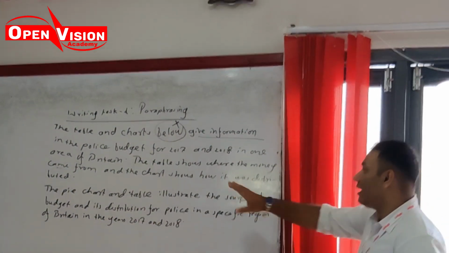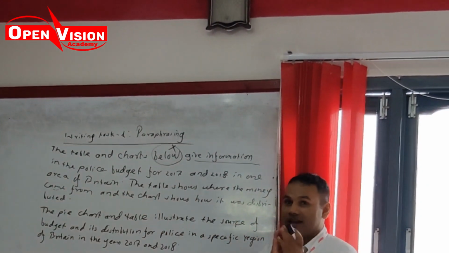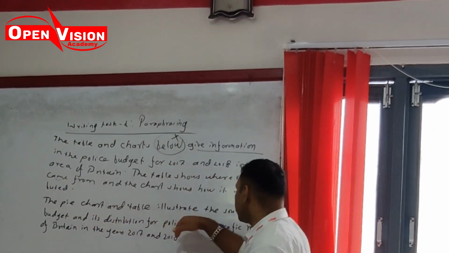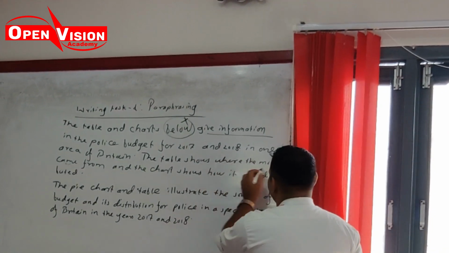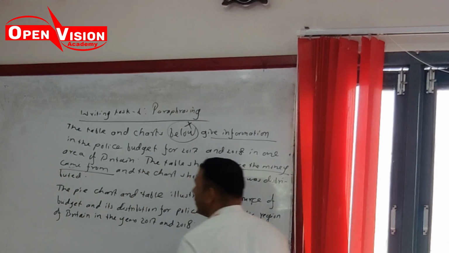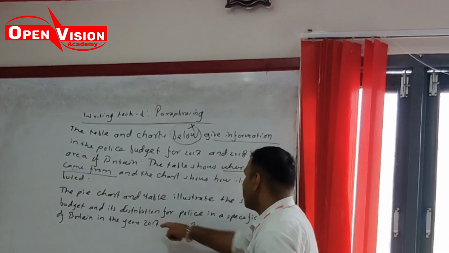Two sentences were given here, but I paraphrased them in a single sentence. You can check: the pie chart and table illustrate the source of budget, which shows where the money came from, and its distribution.